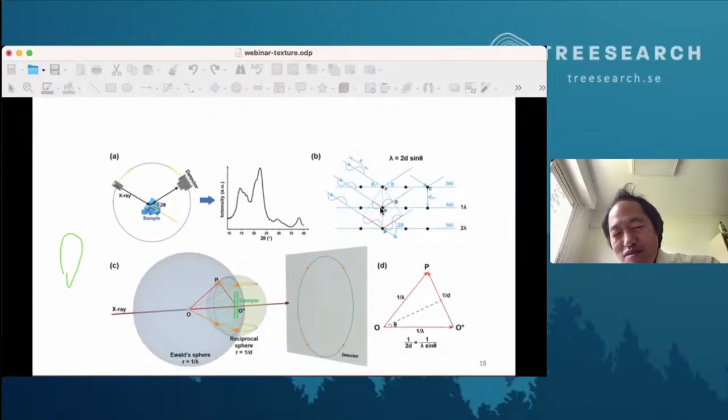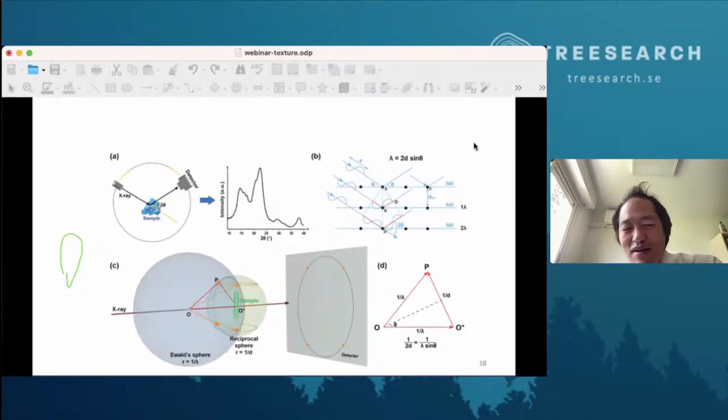So this distance and this distance is the difference in length. And if this length is exactly the wavelength, they are in the same phase. Whatever atom you choose, as far as it's in the same plane, the distance they're traveling is exactly the same. So this is the famous Bragg condition.